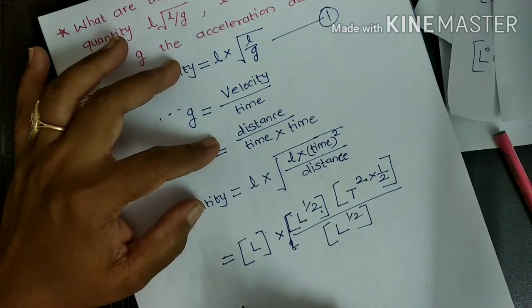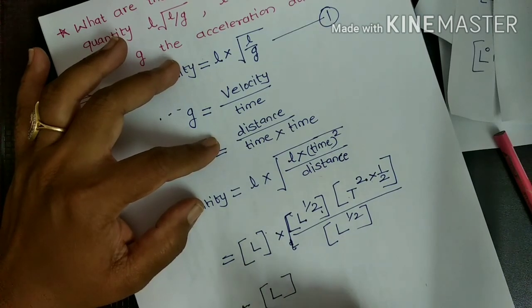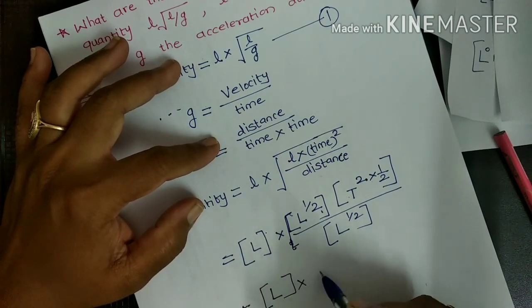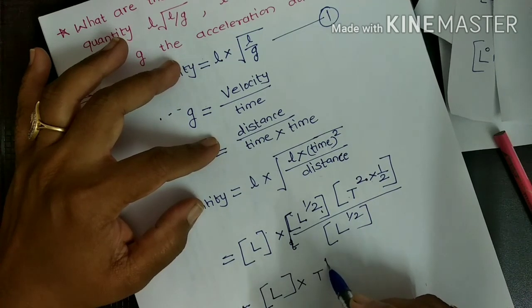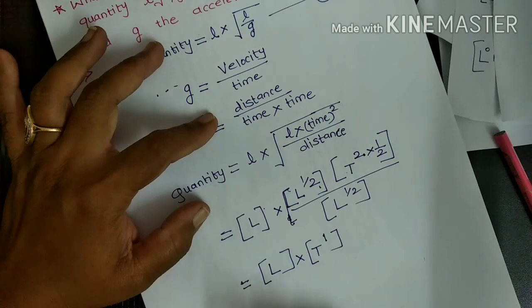When we solve that, we get L into T raised to the power 1, that is L raised to the power 1, T raised to the power 1.